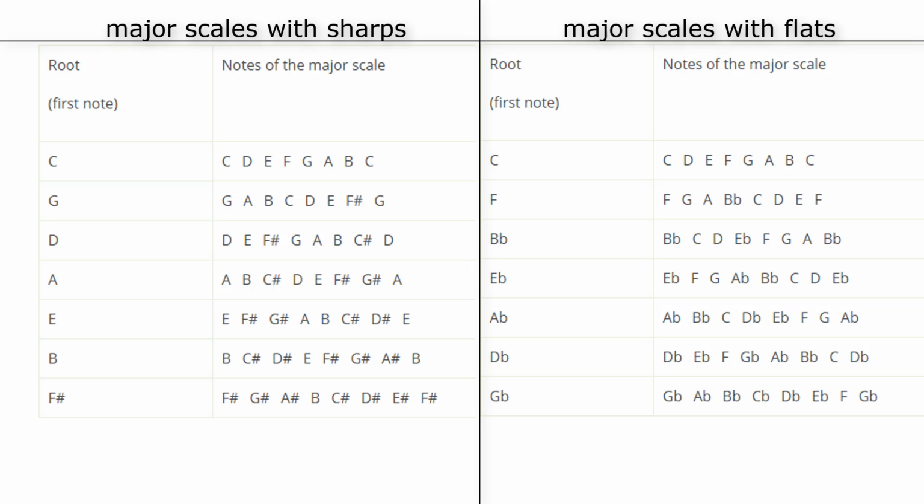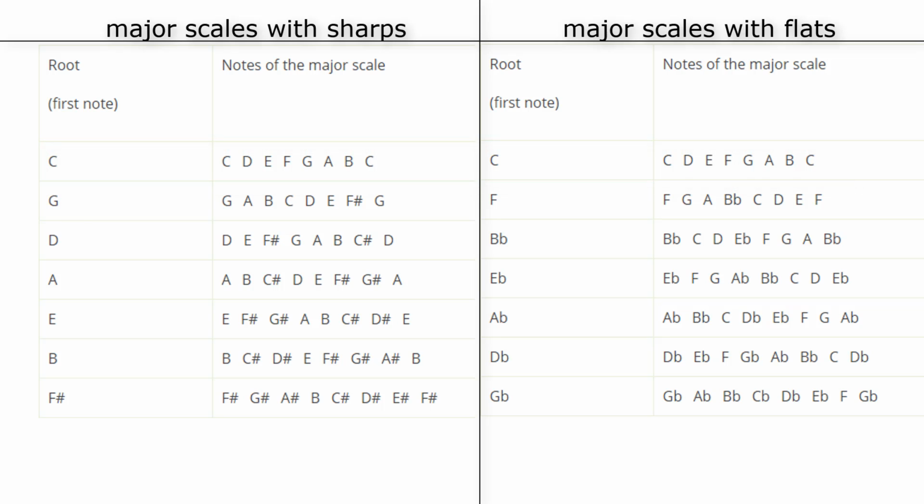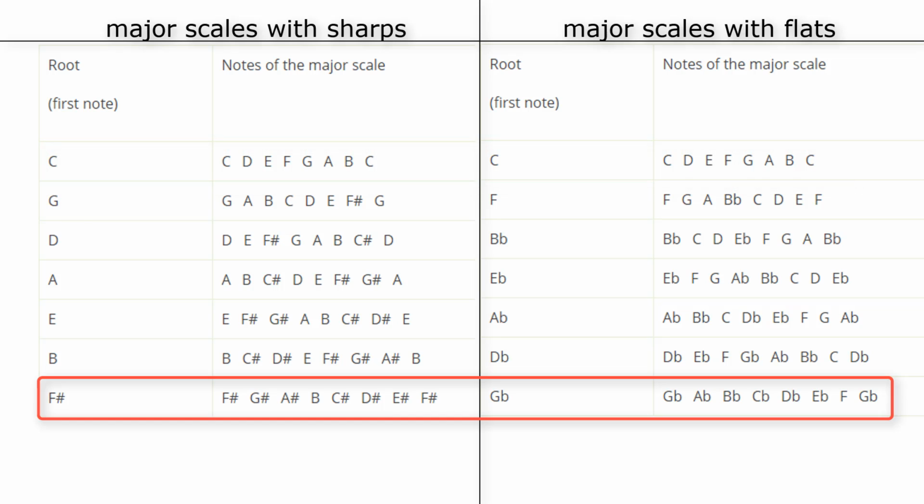Well, look at the first one. The first one at the left side, the first one on the right side, they're both the C major scale. So that makes already one less. But we still have one major scale too many. Look at the last major scale in the left and the right table. So the F sharp major scale and the G flat major scale. Well, they're both the same.